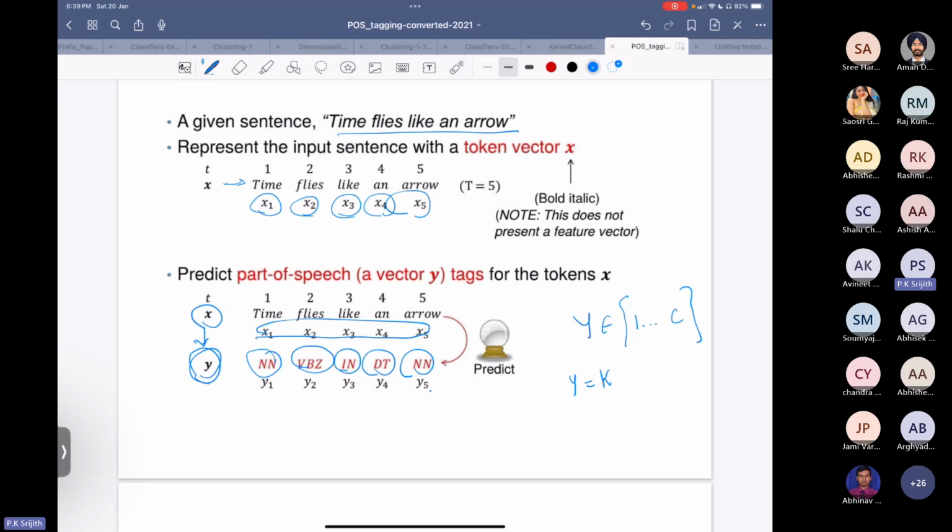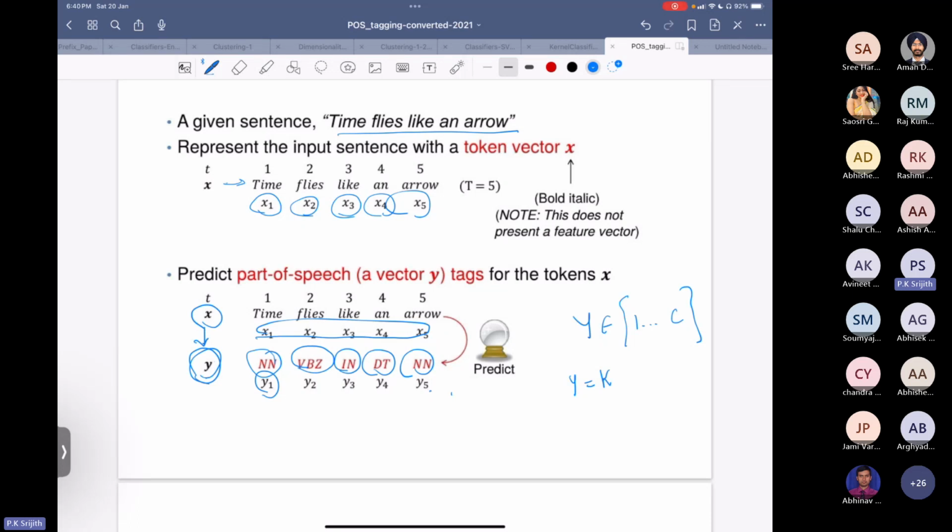In this example, your output consists of 5 components, the first corresponding to the first word, the second to the second word, etc. So there is a structure in the output labels, a sequence of output labels which corresponds to the sequence of input words, and that is what you are trying to predict here. This has to be treated differently, and we will see why it has to be treated differently from the standard classification problem.